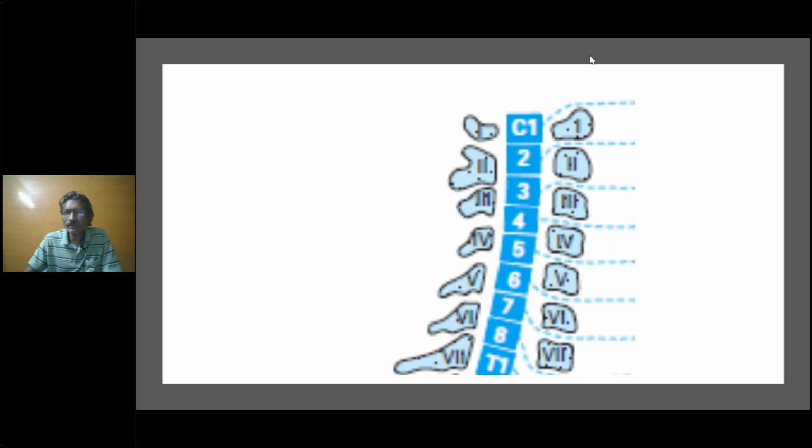Now, can one of you tell me how the vertebral body and the spinal cord segments are related in the cervical region? Can you just quickly give me the reply, then with the diagram I'll explain the concept.